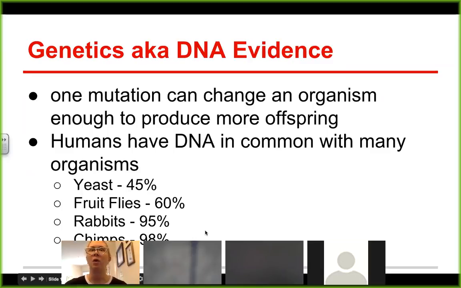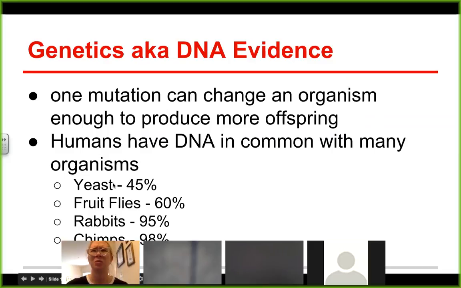And they're like, oh, wow, DNA is really similar between a lot of organisms, right? Humans have 95% of their DNA in common with a rabbit. That was a shock to many scientists, because they're like, wait, there's only a 5% difference, yet look at how we look versus how a rabbit looks. Look at how we act versus how a rabbit acts.